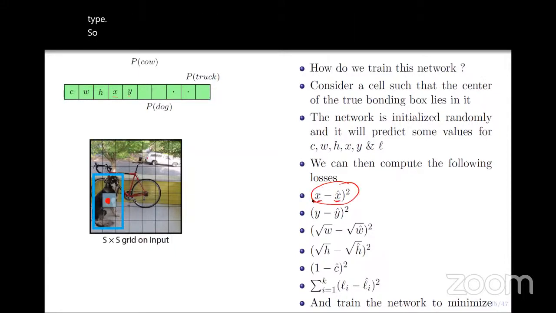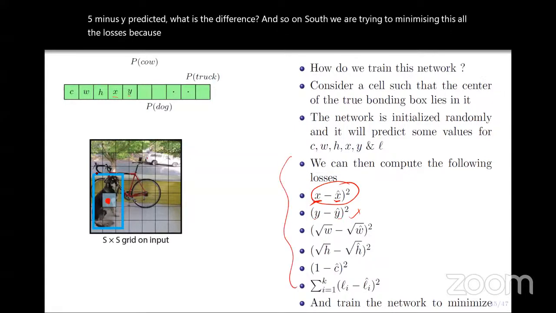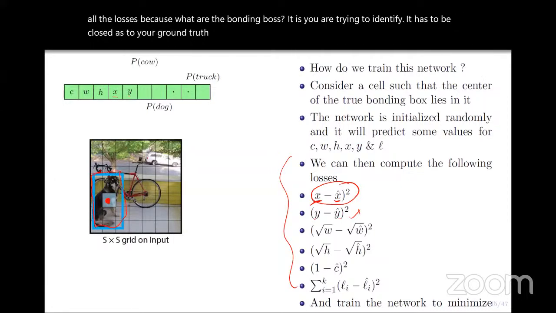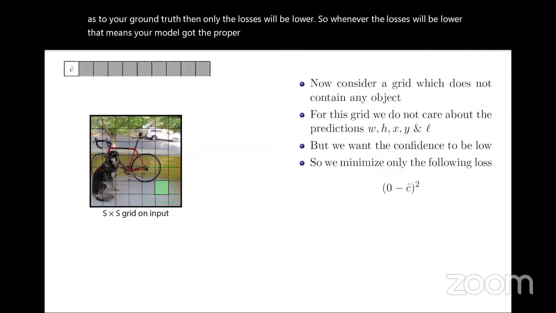So X predicted and my ground truth, what would be the difference? Y minus Y predicted, what is the difference? And so on. So we are trying to minimize all these losses, because whatever bounding box you are trying to identify has to be close to your ground truth. Then only will the losses be lower. Whenever the losses are lower, that means your model got the proper prediction.